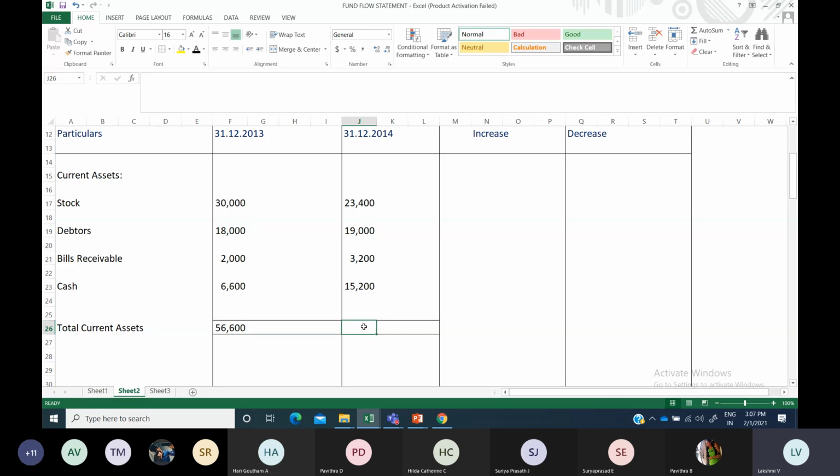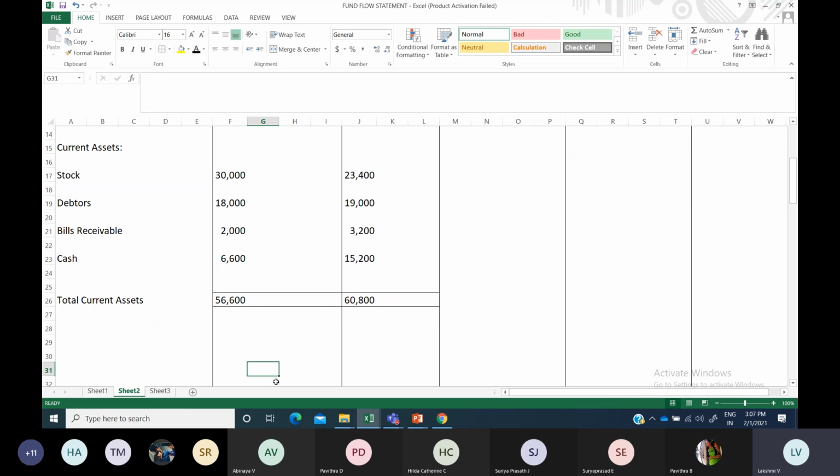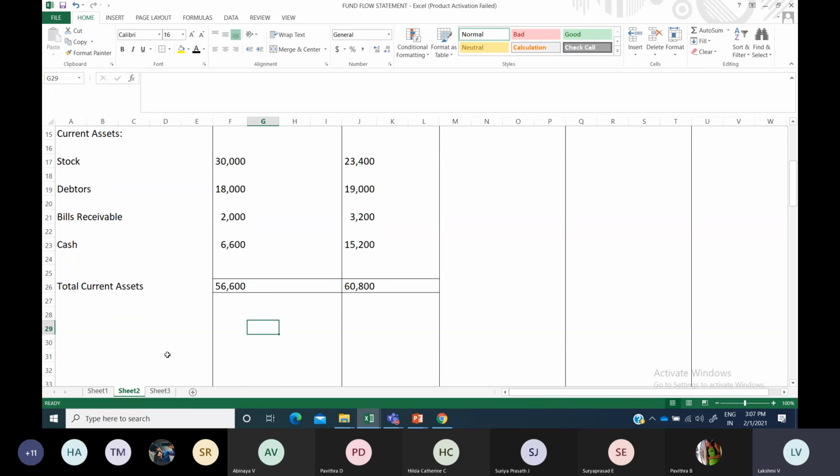How much are you getting? 60,800. So this is your total current assets, and we can mention it as A.